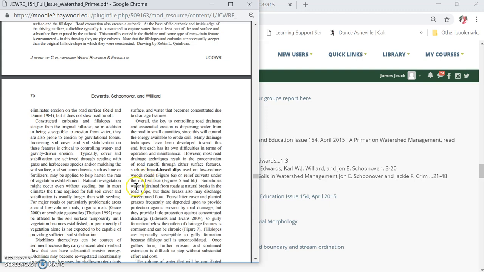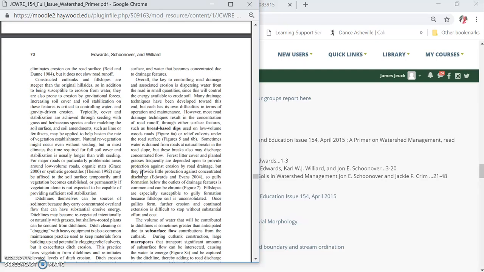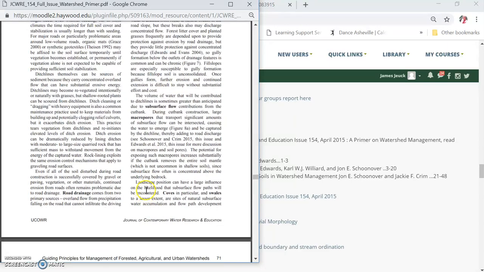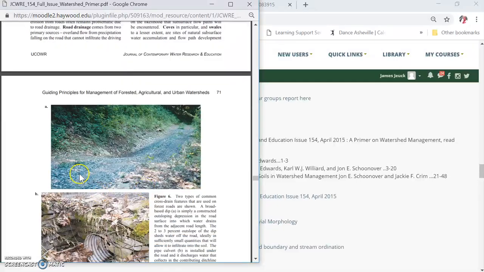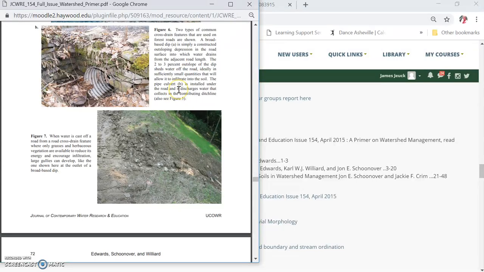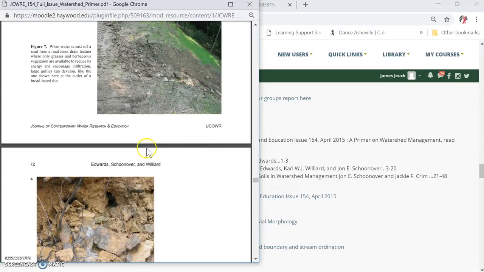This is really where I'm trying to go with this discussion. Some of the best management practices they describe include things such as broad-based dips, so here are some examples of them, culverts in the streams for water to make its way under the road, turnouts, and all these sorts of things that are important.